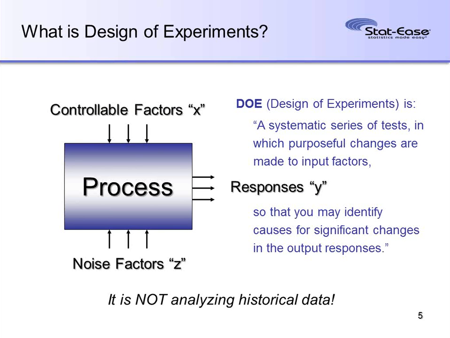Design of experiments is not analyzing historical data. It is different from just doing regular regression analysis. It is a point at which you have to actually control things and measure things. Take, for instance, the stock market.